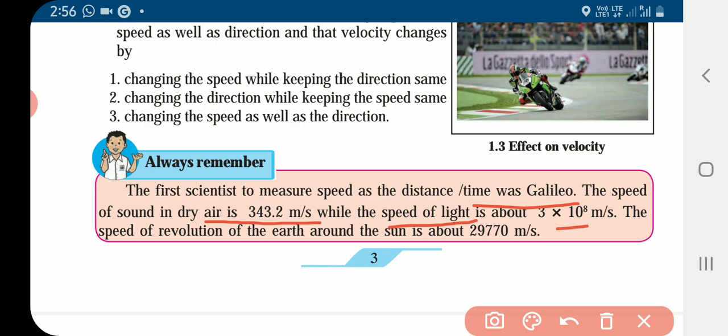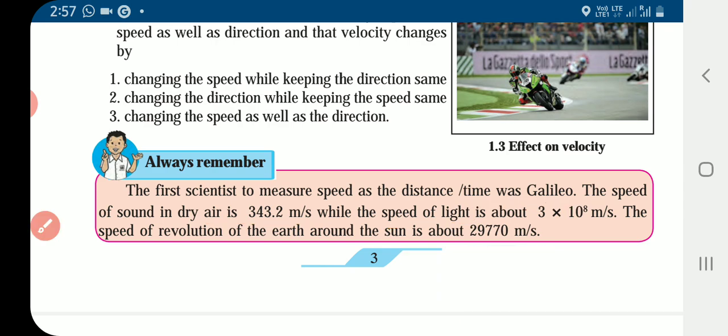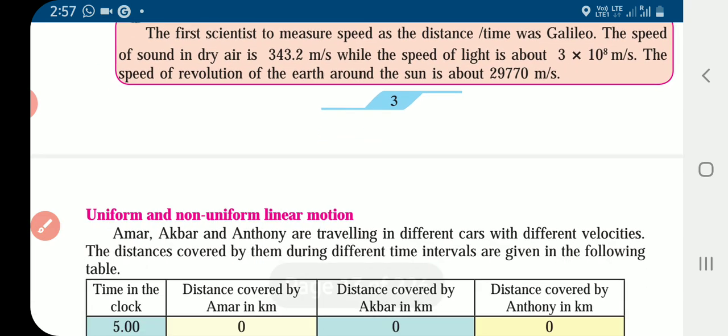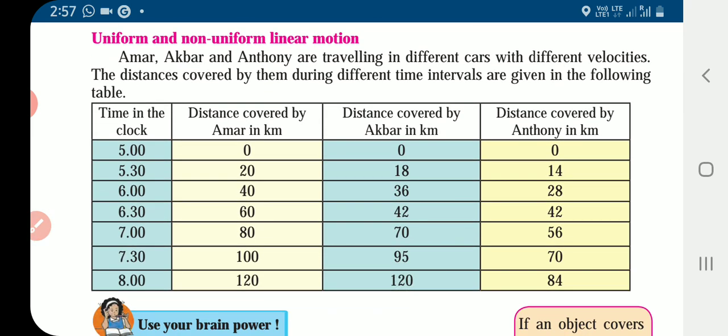The speed of revolution of Earth around the Sun is 29,770 meters per second. These three should be done for fill in the blanks objective questions.